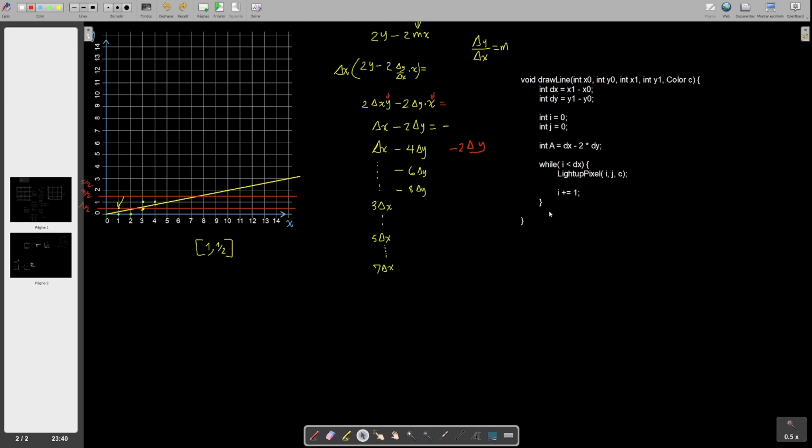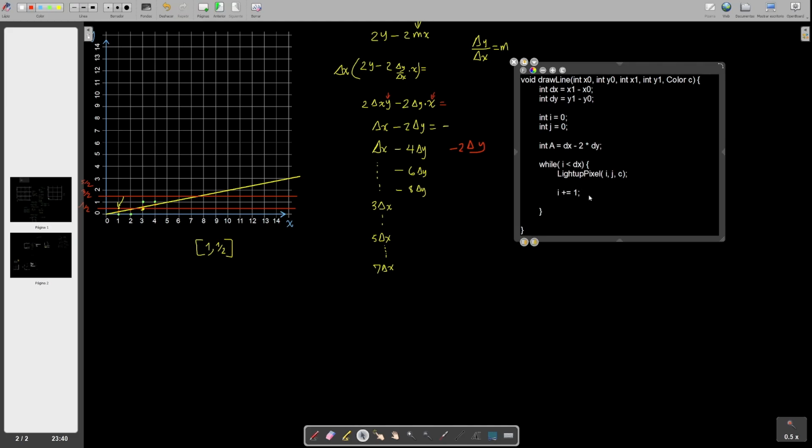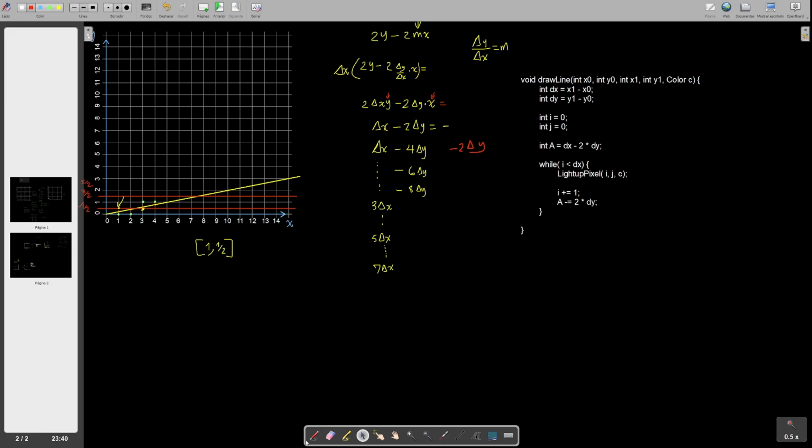So I'm always going to subtract twice dy, because that's going to happen in all of the iterations, always subtracting twice delta y to get the next evaluation value.